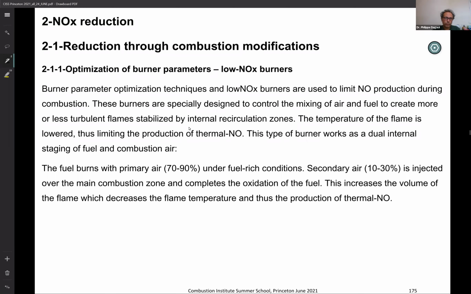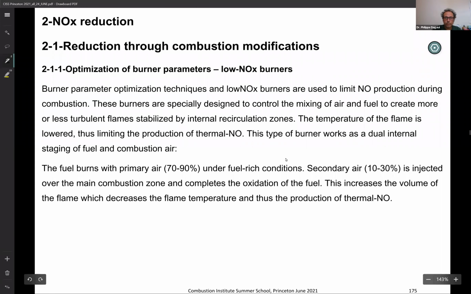The fuel burns with primary air under fuel-rich condition, and secondary air is injected over the main combustion zone and completes the oxidation of the fuel. This increases the volume of the flame, which decreases the flame temperature, and thus reduces the importance of thermal NO.